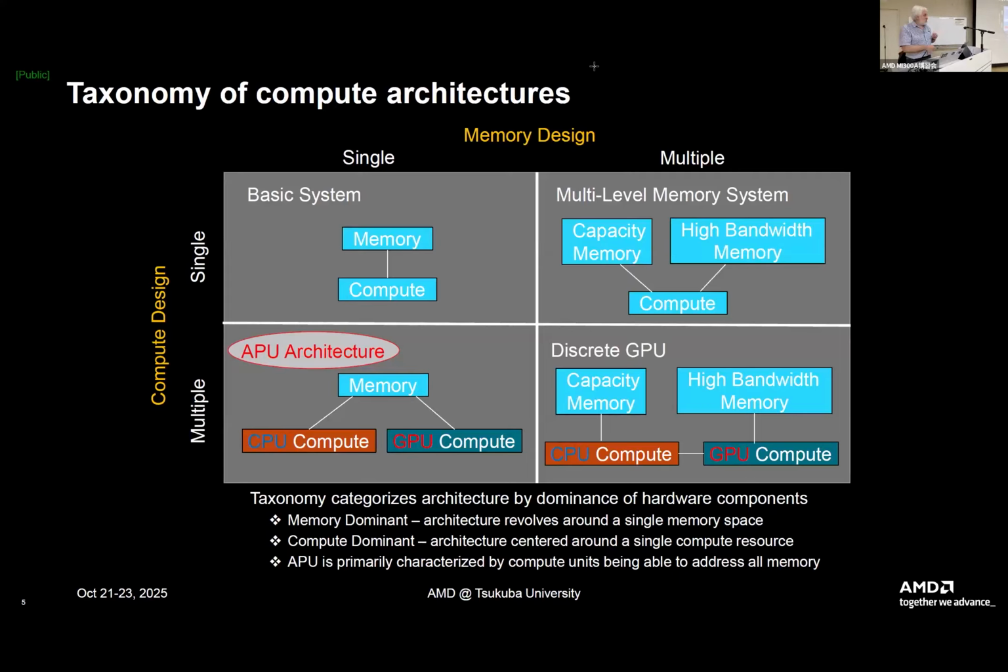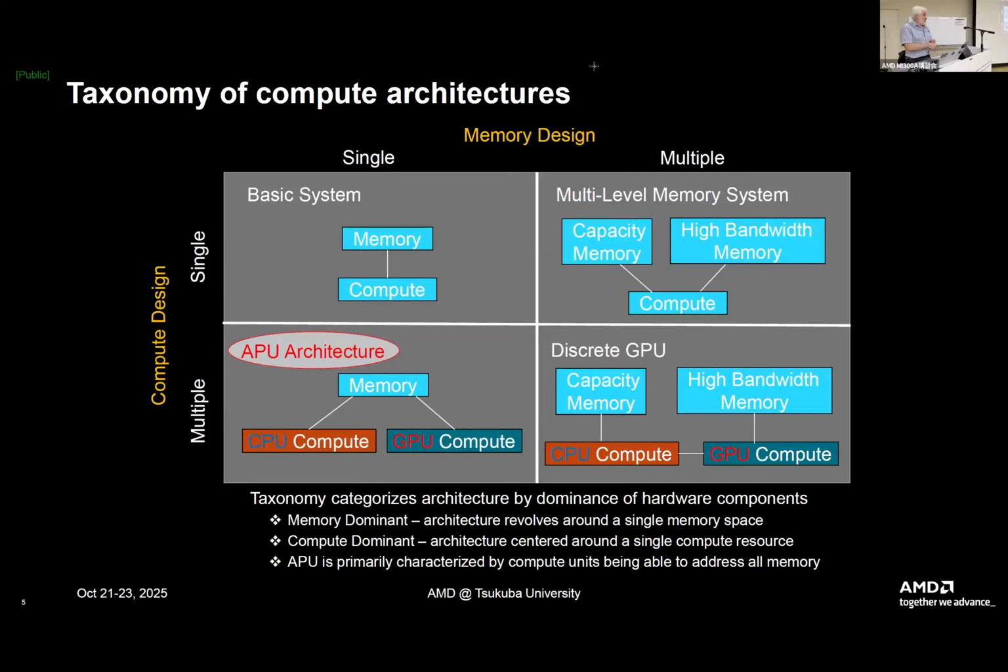So discrete GPUs have a separate memory for the GPU and the CPU, and then you have to move memory back and forth. So you have to manage the memory. And that's the way it's been for 20 years now with GPUs.